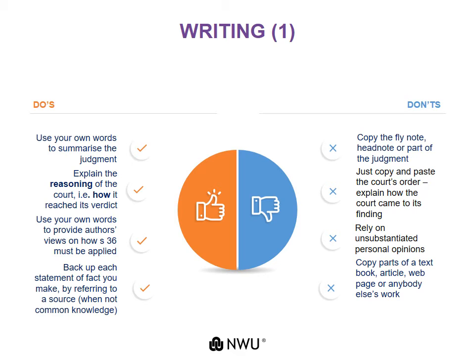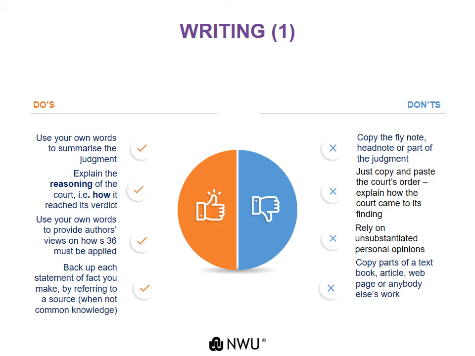Don't just copy and paste the court order, because that doesn't tell us anything. That does not explain how the court came to its finding. You have to provide views. If you provide authors' views, for example, the views of the textbook authors on how Section 36 should be applied, use your own words. Don't just copy and paste.